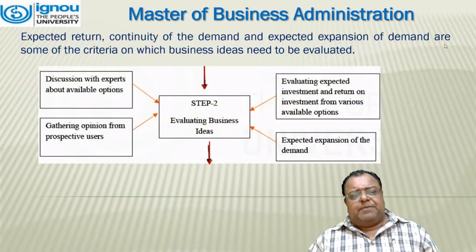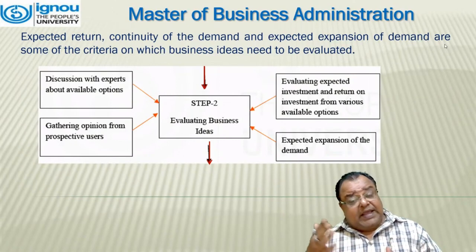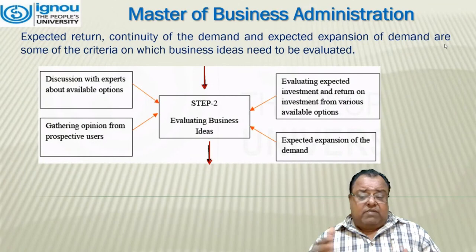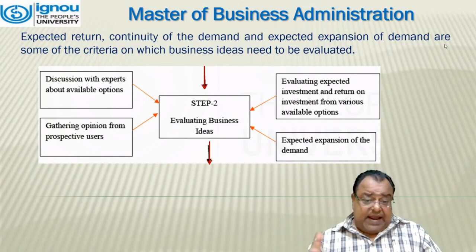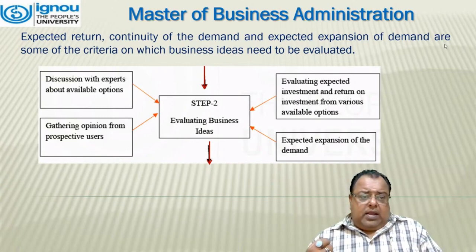Step 2 is basically discussion with experts about available options, gathering opinion from the prospective users, evaluating expected investment and return on the investment from various available options, and expected expansion of the demand.